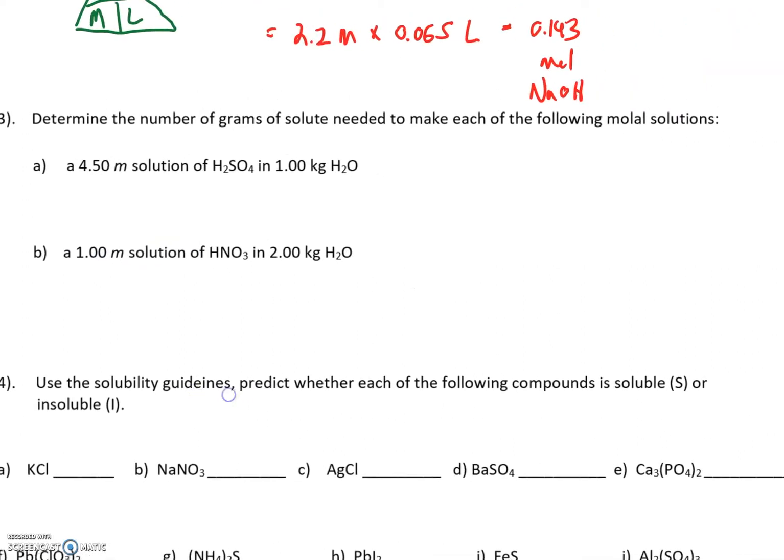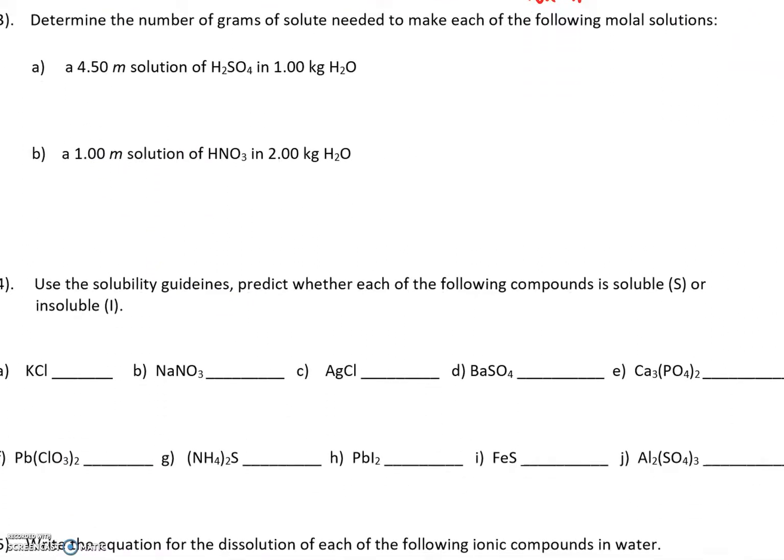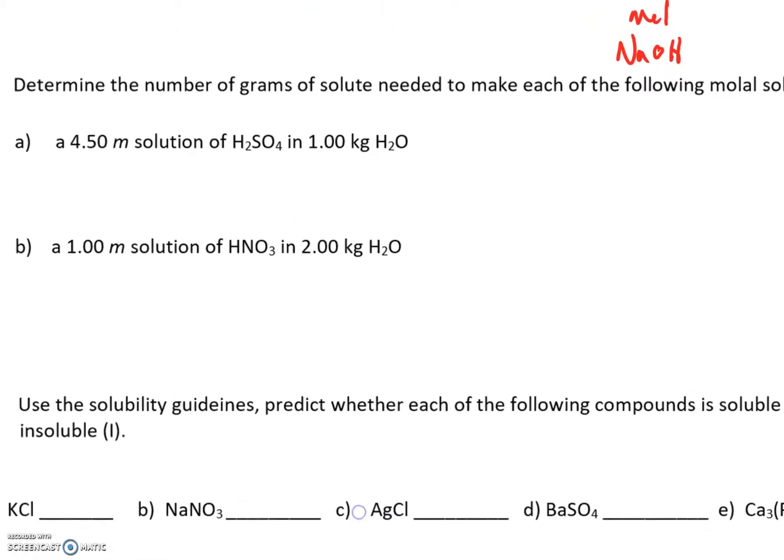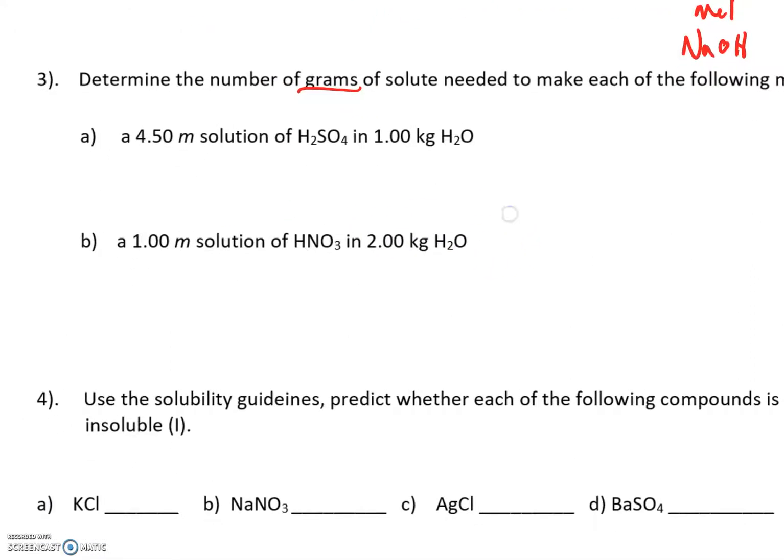Here is number 3. It says determine the number of grams of solute needed to make each of the following molal solutions. Okay. So since it's specifically asking for grams, that means we're going to need to start with moles. And we know that this triangle works for molality too, where molality is equal to moles over kilograms.